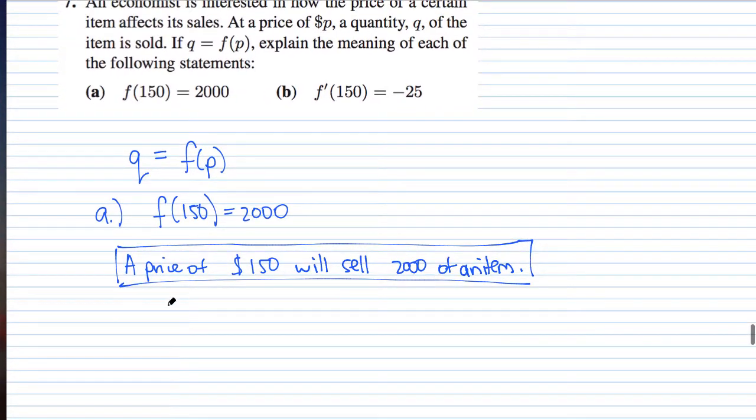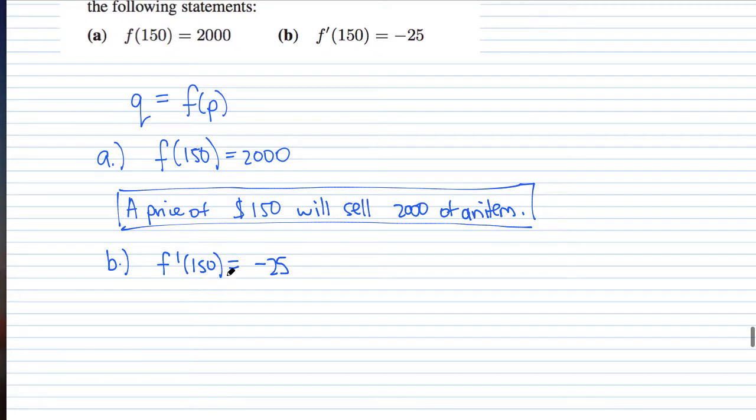Now part B says, f prime of 150 is negative 25. So what does this mean? So this is our change in quantity as a function of price. So let's go ahead and write that: change in Q as a function of P. So what does this mean?